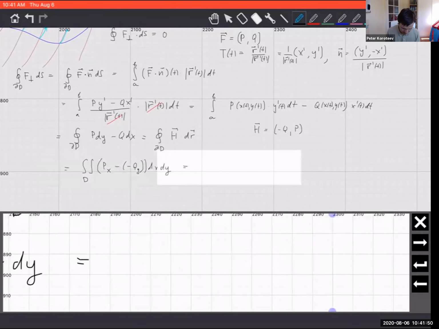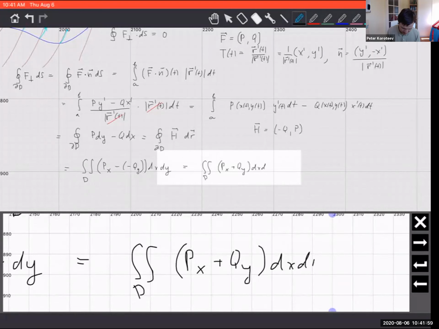Forget about the minus, it's equal to p_x plus q_y dx dy. Okay, so far so good.